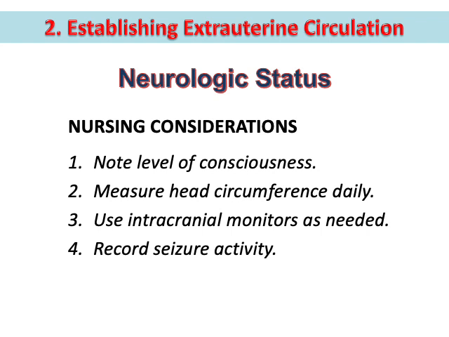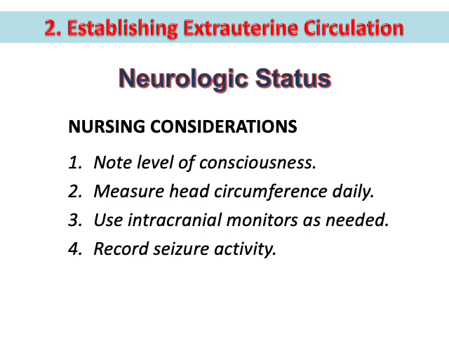Another important consideration to check for effective circulation is assessing a child's neurologic status. First is to note the level of consciousness. You can do this using the Pediatric Glasgow Coma Scale. Another is to measure head circumference daily. You have to take note of the basis, an average newborn.